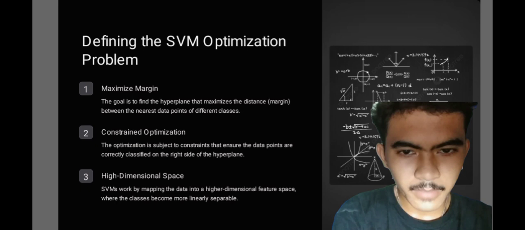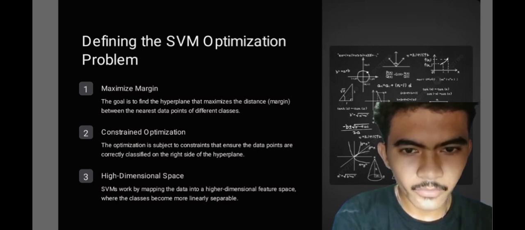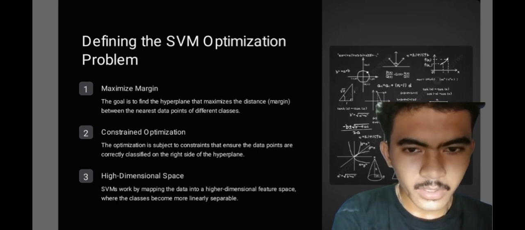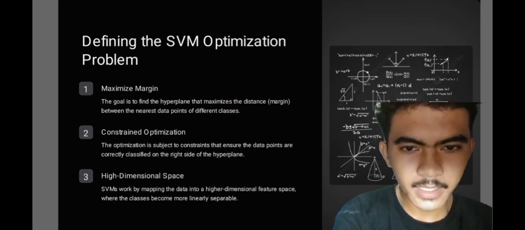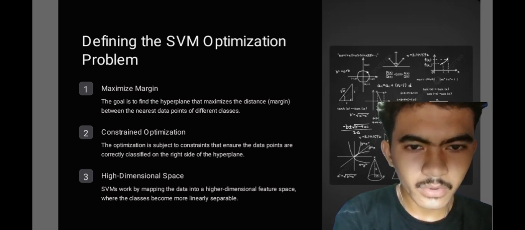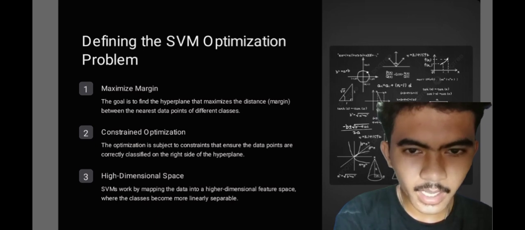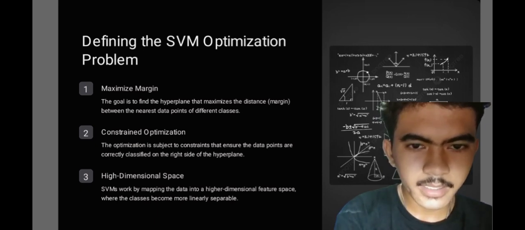Number 1, maximum margin. The goal is to find the hyperplane that maximizes the margin. Number 2, constraint optimization. The optimization is subject to constraints that ensure the data points are classified on the right side of the hyperplane.